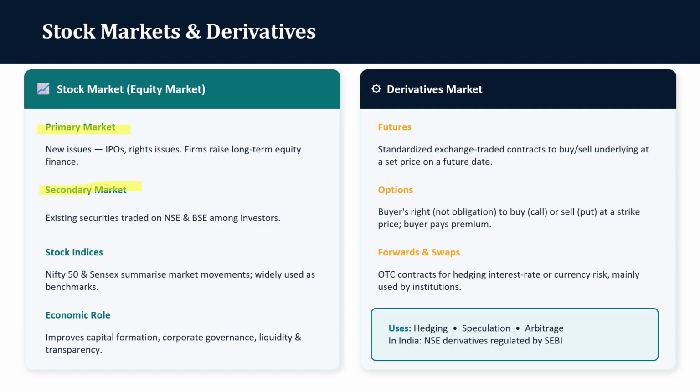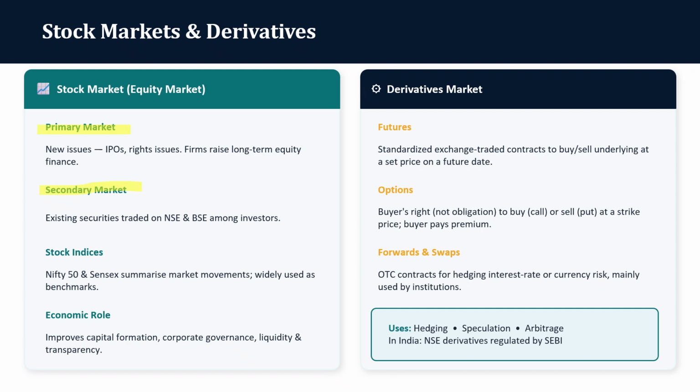Stock indices like Nifty 50 and Sensex are constructed from a basket of selected shares. They summarize the overall market movements and serve as a benchmark against which portfolio performance is compared.